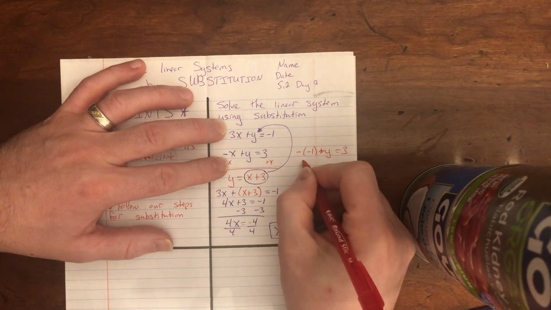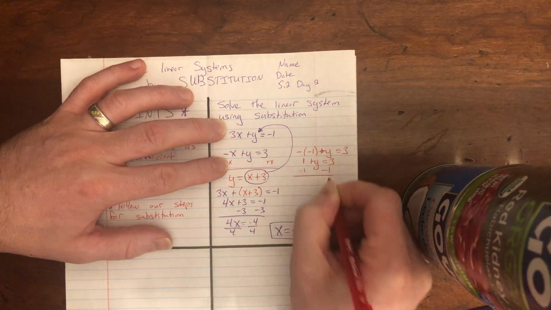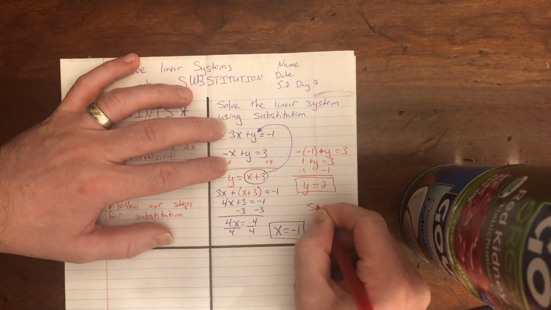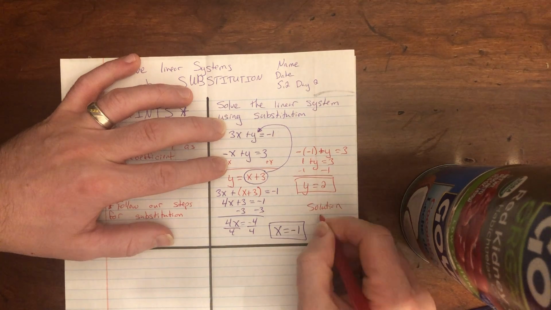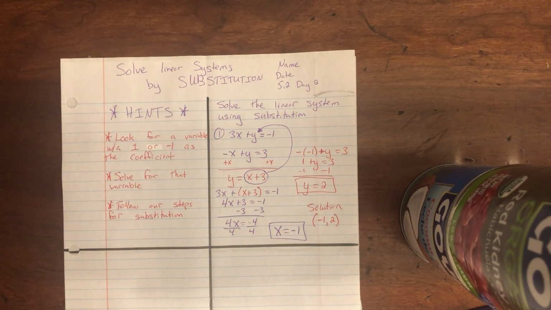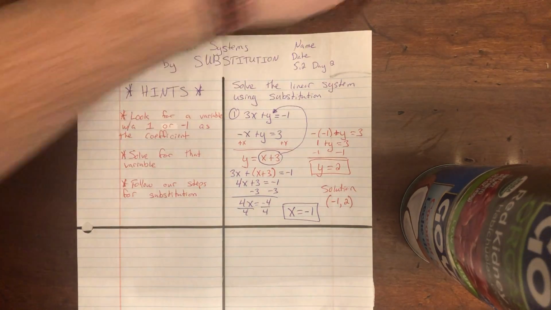The negative of -1 is 1. We subtract 1 from each side, so y equals 2. So our solution here is (-1, 2). That was our first example.